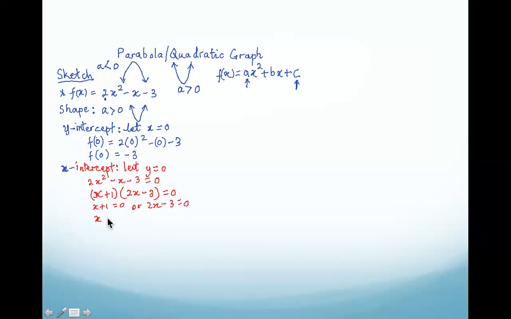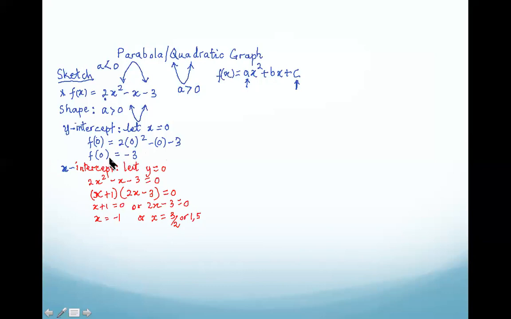So x is equal to -1, or x is equal to, the inverse operation of -3 is +3, and the inverse of multiplication by 2 is division by 2, which you can also write as 1,5. If you use the quadratic formula, you will also get x is equal to -1, and the other x is equal to 1,5.